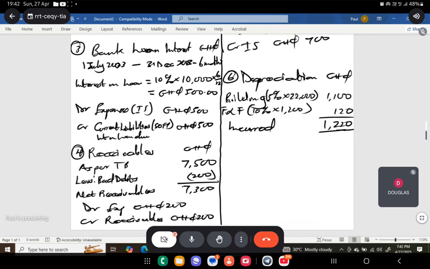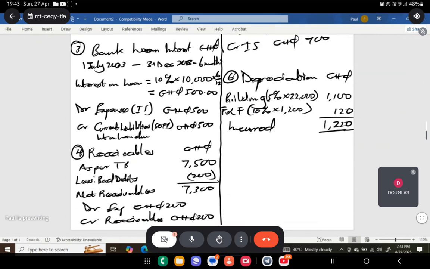When the building loses some value, we say it has depreciated, and that loss in value should be expensed because that cost of the building has been consumed. That portion of the building has been used. Please, you understand? So that's the depreciation for you.